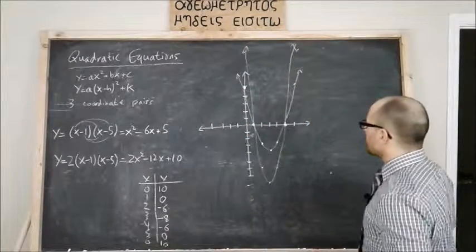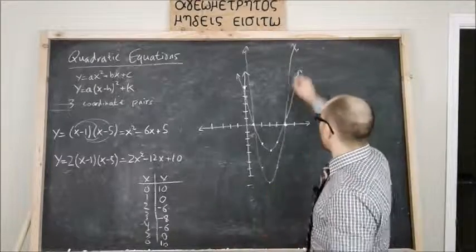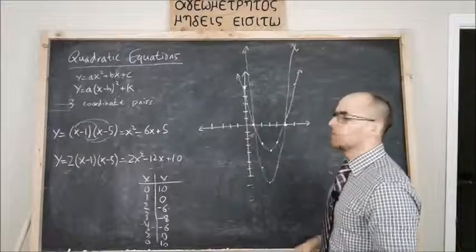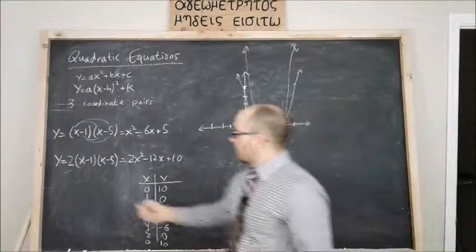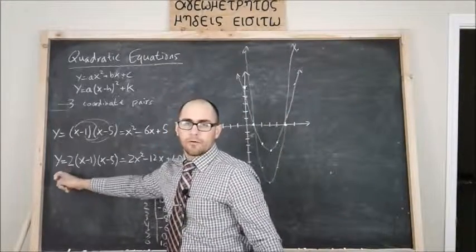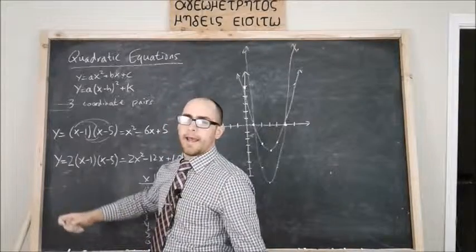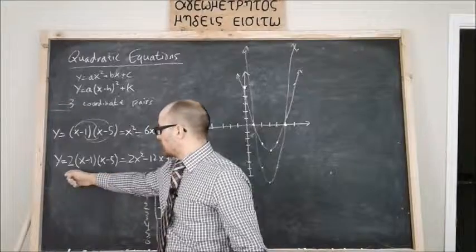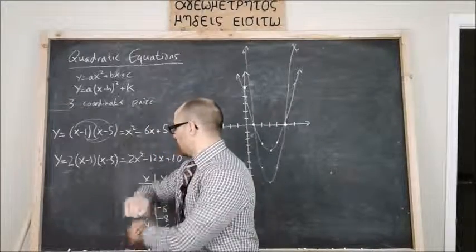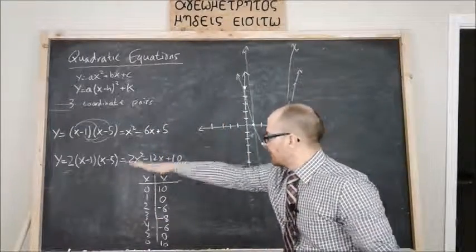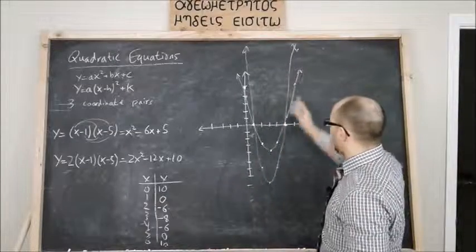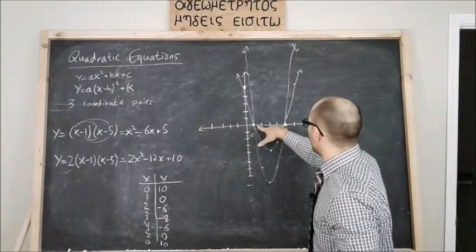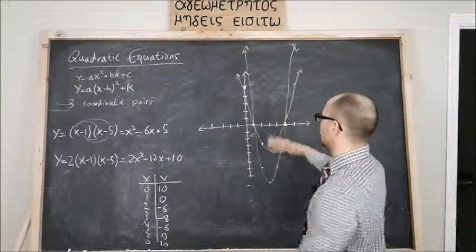So we see there are 2 different parabolas that pass through the same 2 points. And in fact, I could multiply this by a 3 or a 4 or a 1/2 or a 1/3 or a 0.628, whatever number I want, I can multiply. So we have an infinite number of parabolas that pass through the same 2 points.